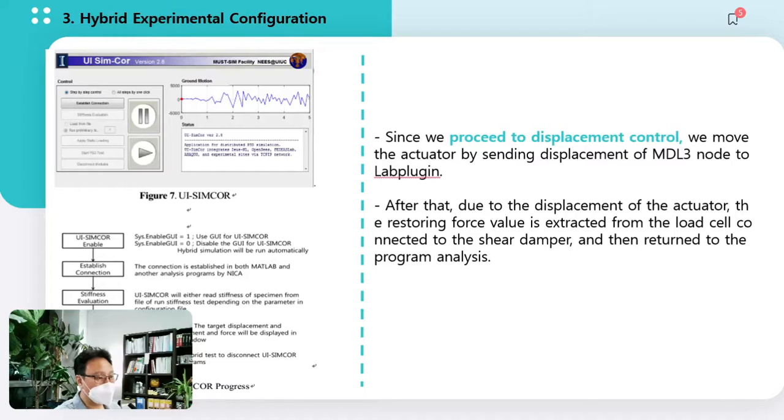Because of the displacement control, the displacement of the MDOF node is transferred to the LabVIEW plug-in to move the actuator, extracting the reference value from the load cell connected to the shear damper due to the displacement of the actuator, and returning it to the program analysis.